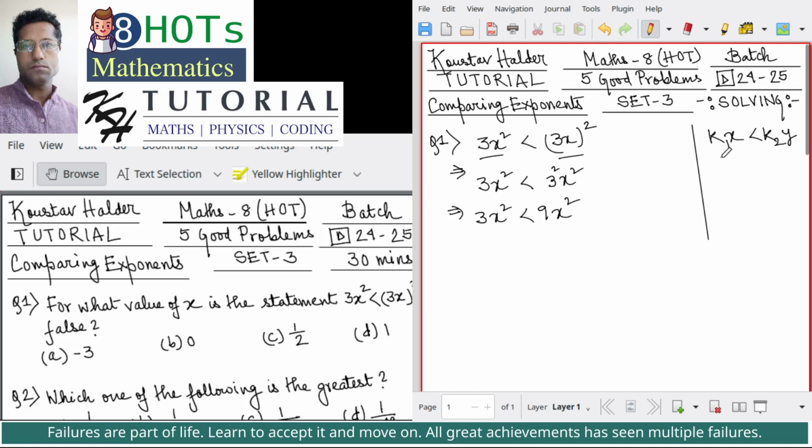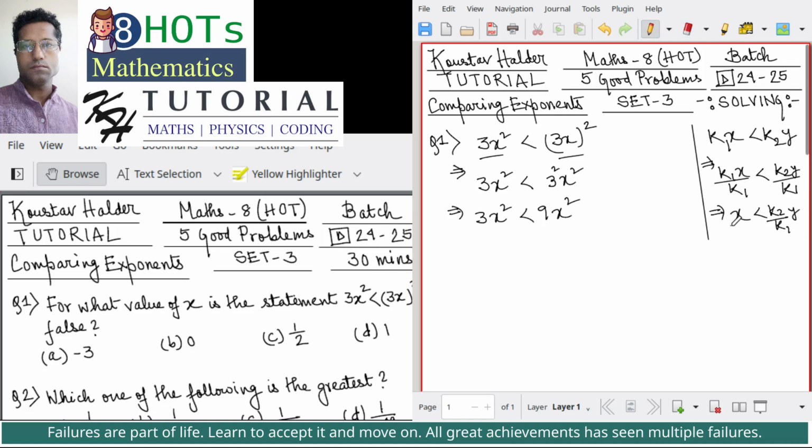So I can divide both sides by k1, where of course k1 is a non-zero constant. So this will imply that k1x divided by k1 will also be less than k2y divided by k1. So this implies that x will be less than k2 by k1 y.